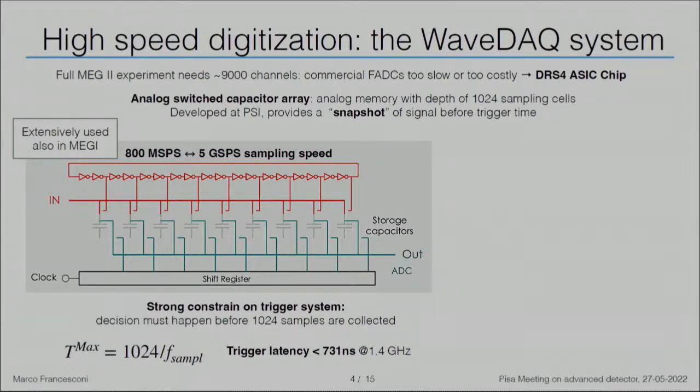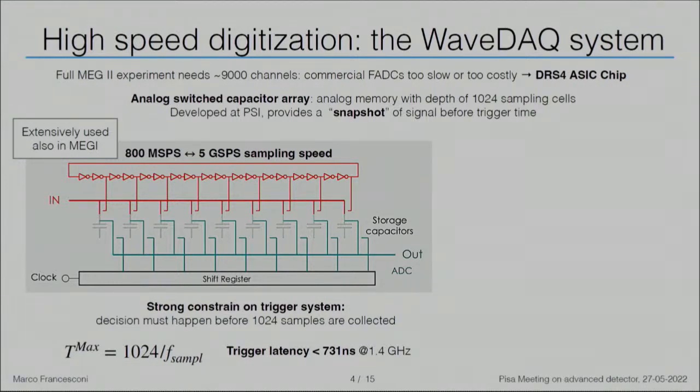And this provides kind of a snapshot of the signals before the trigger time. So all of these capacitors are connected to the input signals by these ring oscillators. And when a trigger arrives, the content is frozen and downloaded by slower external ADCs.